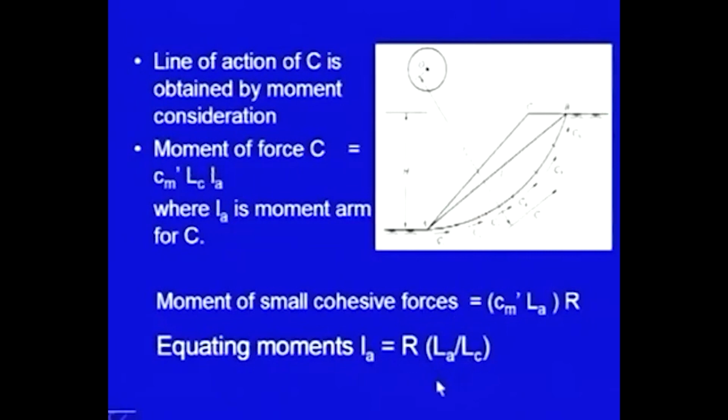You know the length of arc is always more than the length of chord. So, the lever arm la should be higher than R. So, somewhere here it is acting. So, you can find out the line of action of the cohesive force. It will be somewhere beyond this radius.